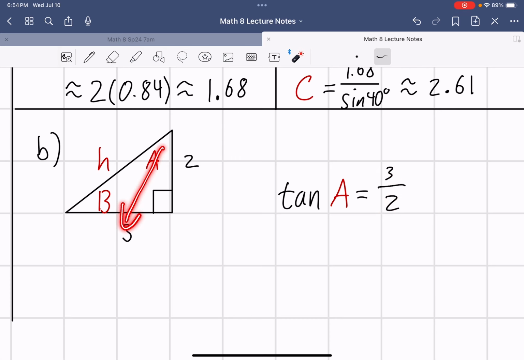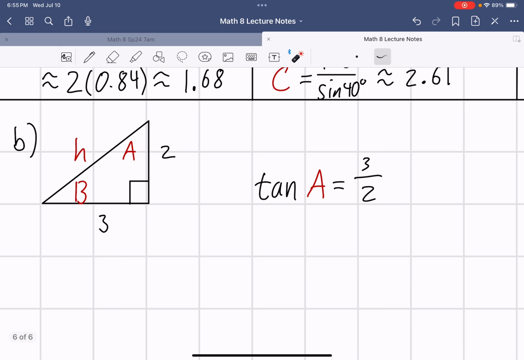The opposite of A is 3, adjacent is 2. And then I'm going to repeat the same process I did. I want to isolate. And again, one unknown, one equation. That's all I'm looking for.